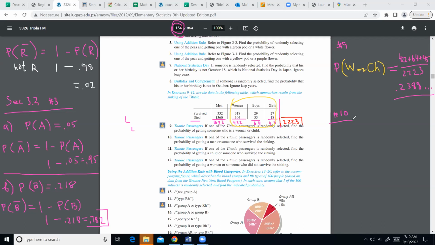So how about the second probability equation, exercise 10, that says find a man or someone who survived the sinking. So now I want to find the probability of men or someone who survived. So what are they talking about now?